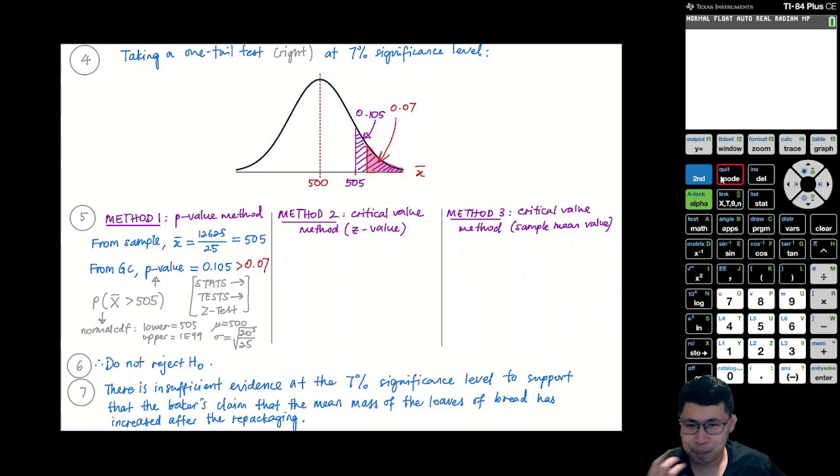I will go to the distribution. We're using normal CDF. The lower is 505, and we're looking at the area on the right hand side of 505, so the upper is going to be infinity. The mu, population mean, is 500, and the standard deviation will be the standard deviation of the distribution, because this one we have to do everything from scratch, so we have to key in every single thing, as compared to just now.